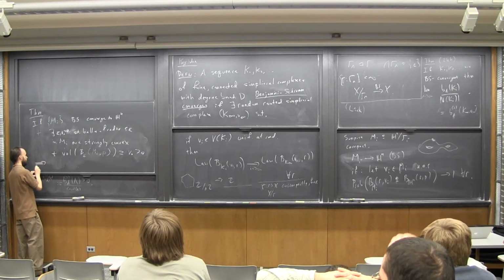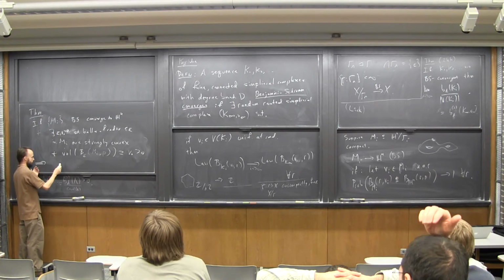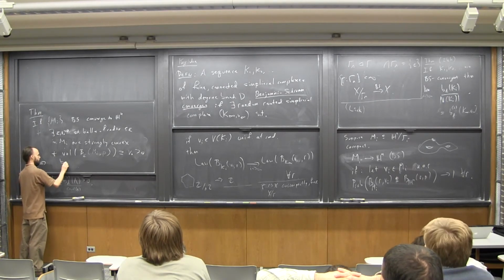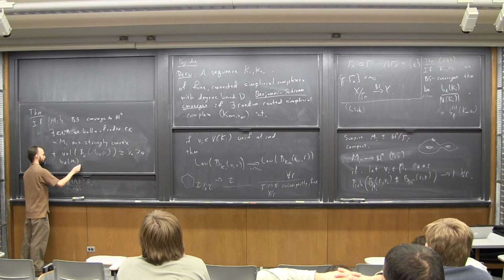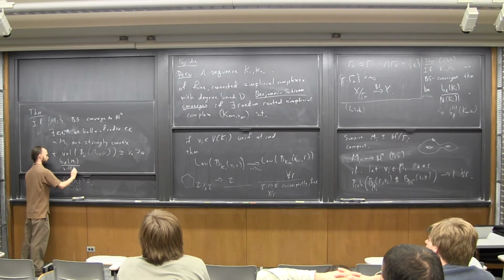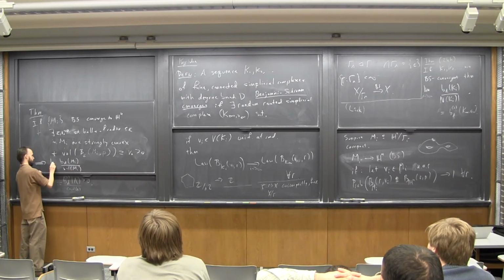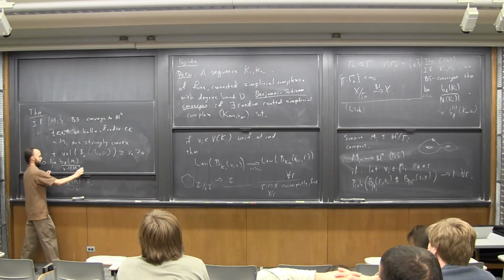Okay, then the normalized Betti numbers converge. So we just look at the ordinary Betti numbers and divide by the volume and take the limit. This exists.